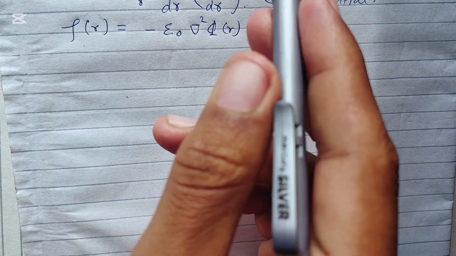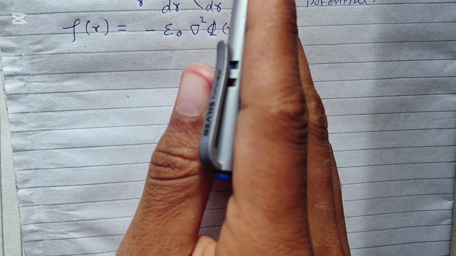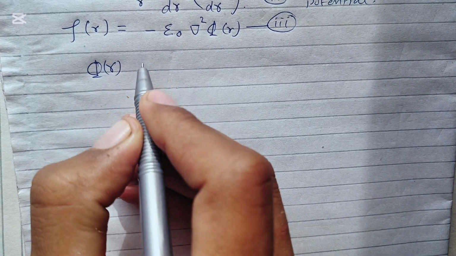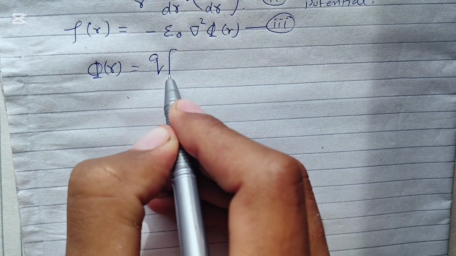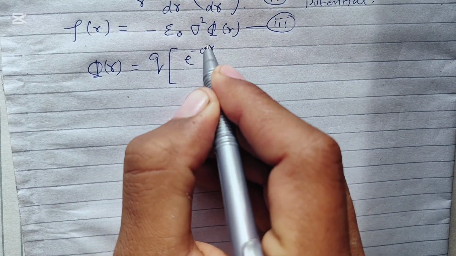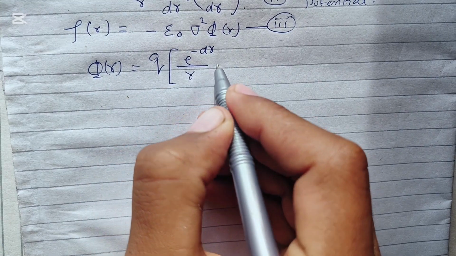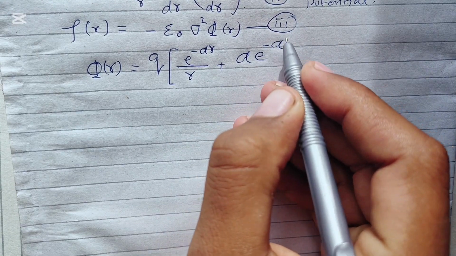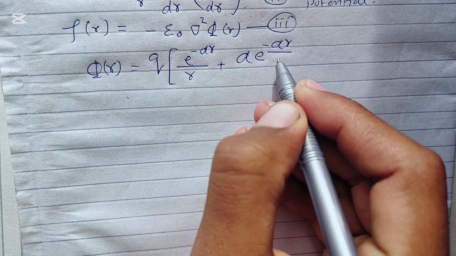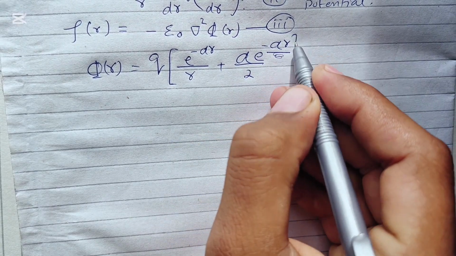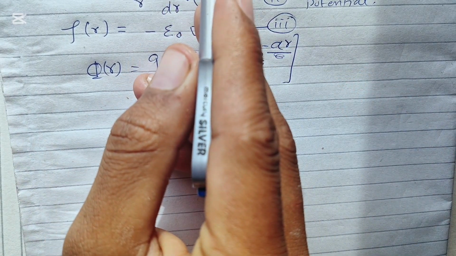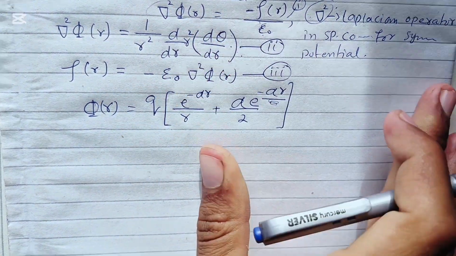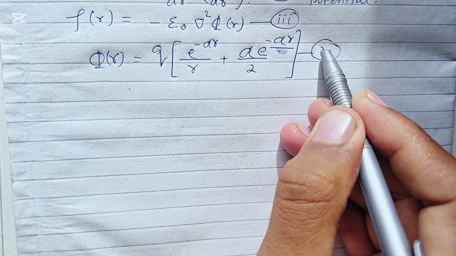Okay, now we will expand equation A, so it will become phi of r equals q times e^(-alpha r) divided by r plus alpha e^(-alpha r) divided by 2, multiplying this term by 1 and this term by e^(-alpha r) divided by 2. This becomes equation 4.